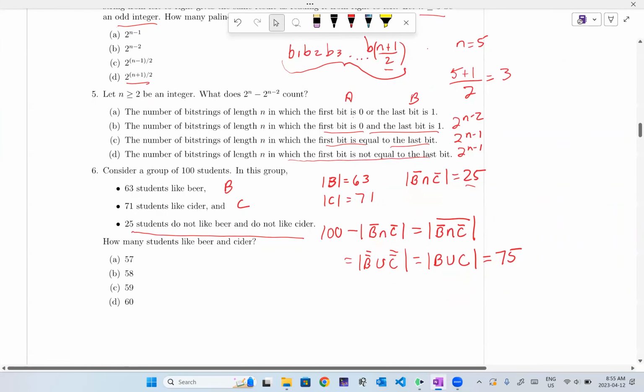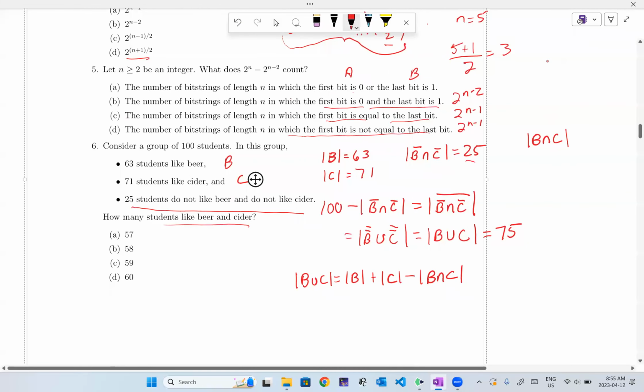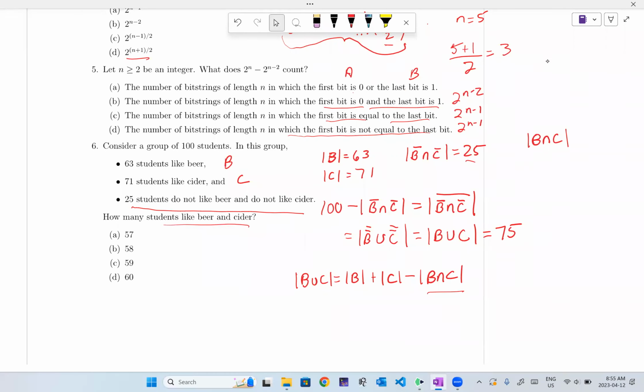Okay, so now I have enough to figure out what I want, which is how many students like beer and cider. So I want B and C, which I can now find out. I have B union C is equal to B plus C minus B and C. This is what I want to find, so I'm going to add it to both sides, and subtract this from both sides.